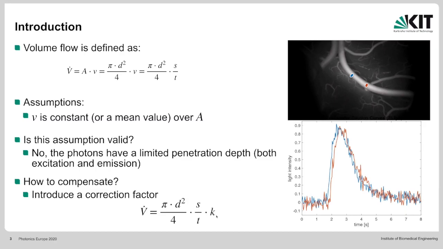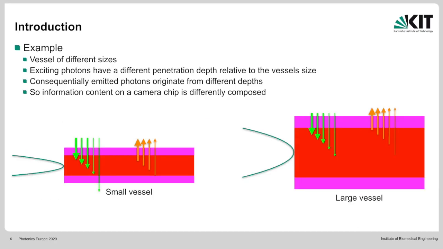Just to visualize it again, a small example with a small and a larger vessel. We have vessels of different sizes here. On the left-hand side, you can see the parabolic laminar flow profile, in green the excitation photons, and in orange the emitted photons.